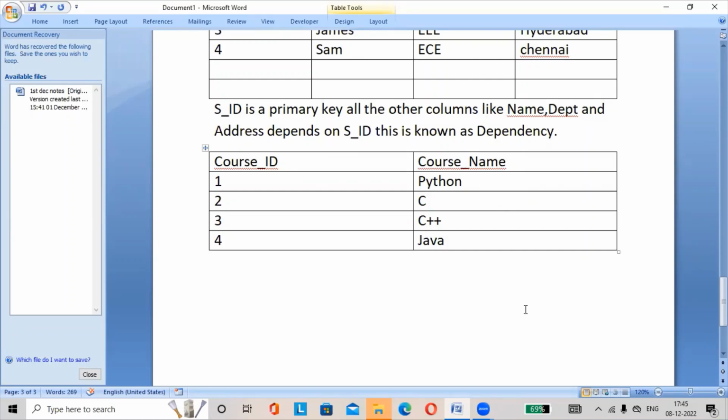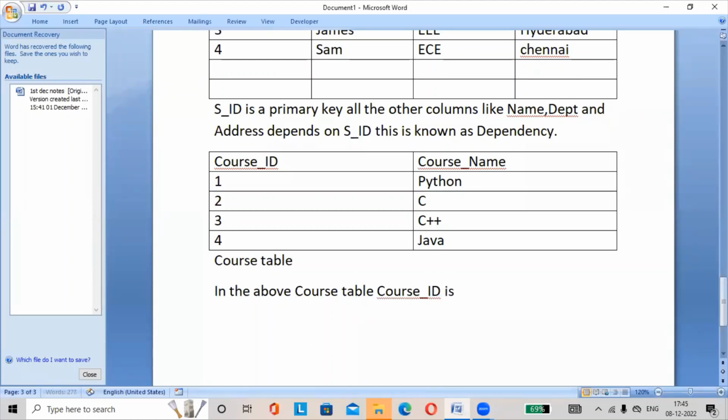Course ID will become the primary key for this course table.